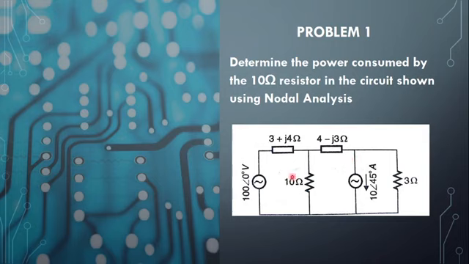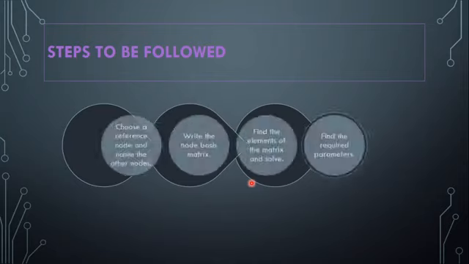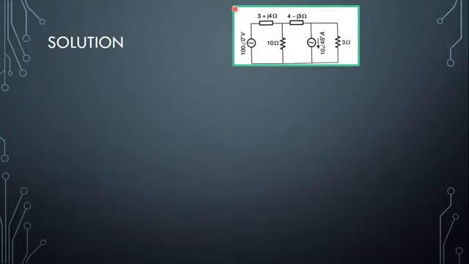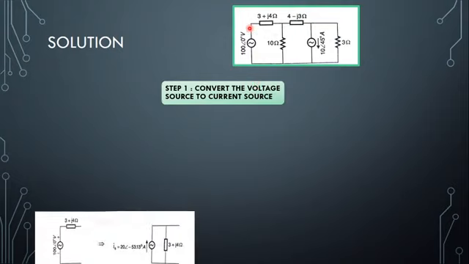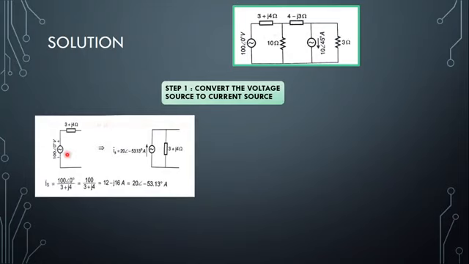So my first step is to convert this voltage source into a current source, so that the circuit contains only current sources. I've kept the circuit here for reference. In step 1, we are going to convert this voltage source into a current source.